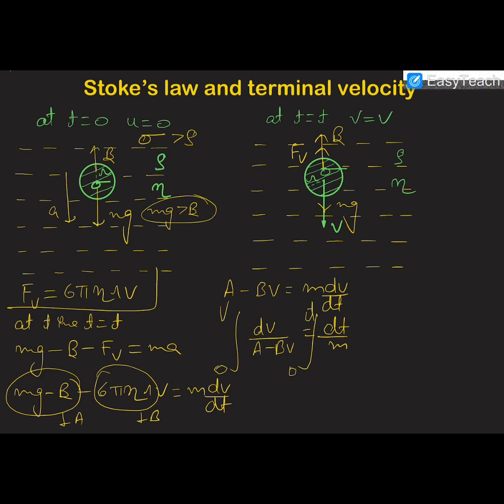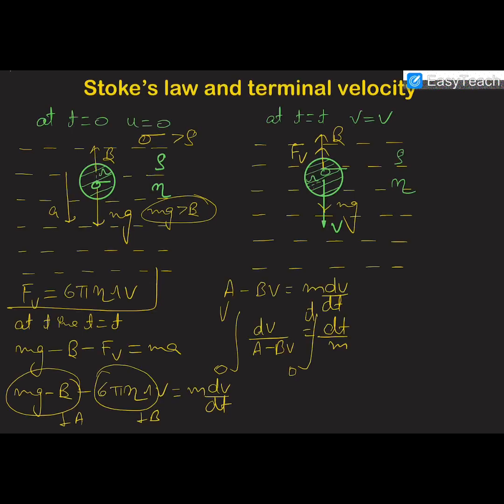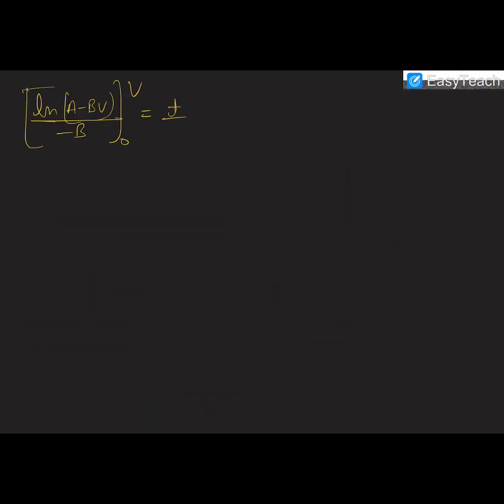The integration of the left term gives ln of a minus bv divided by minus b, with limits from 0 to v, and on the other side it is t by m. Substituting the limits, ln of (a minus bv) by a equals minus bt by m.